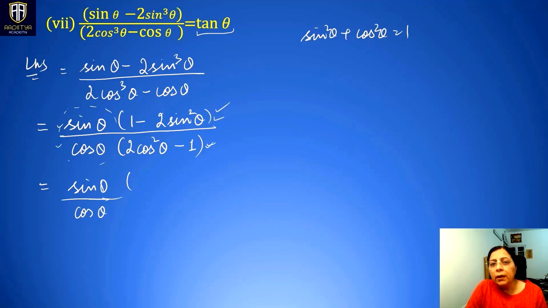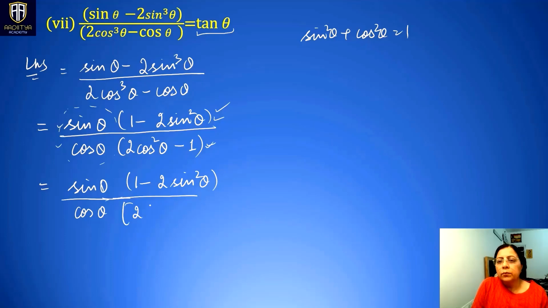So keeping 1 the same, we can do it with either of the things. I can change the numerator keeping the denominator the same, or vice versa. So I'm keeping the numerator the same. Instead, I am using this relationship in the denominator. Cos square theta can be written as 1 minus sine square theta.